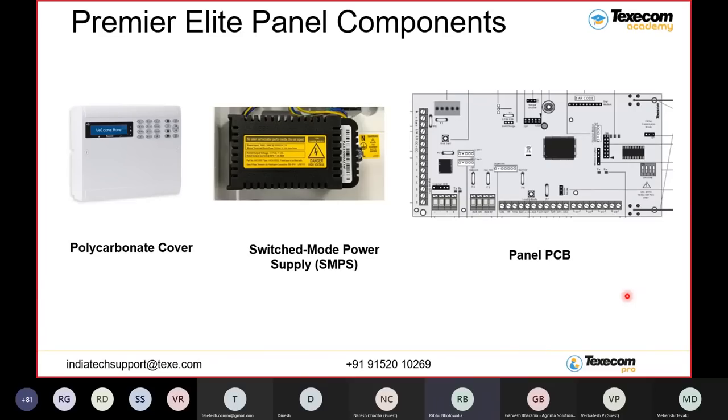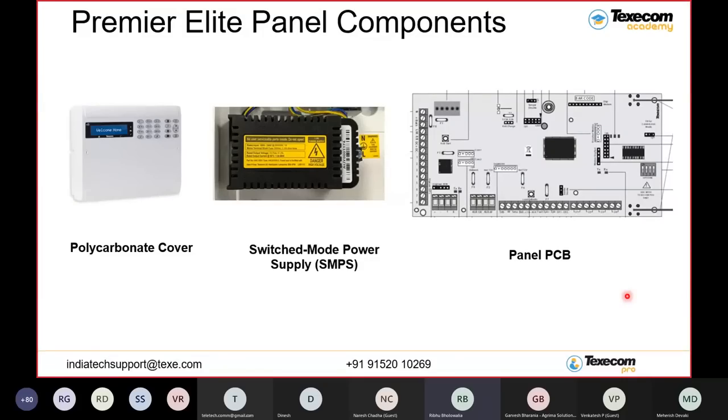So when you are mounting your control panel and the expanders, you have to put them in an open area. You cannot put your panel or the wireless expander in a server room, or in a closet area, or inside a cabinet. No, because these are wireless devices.